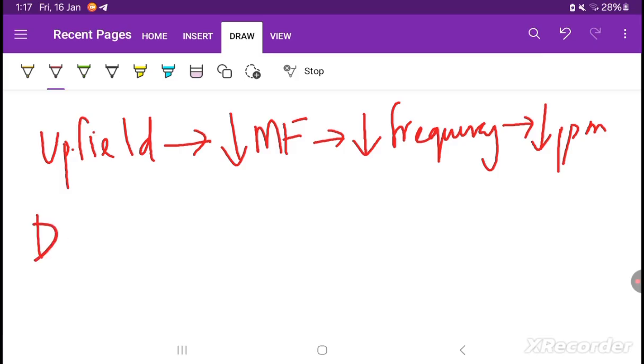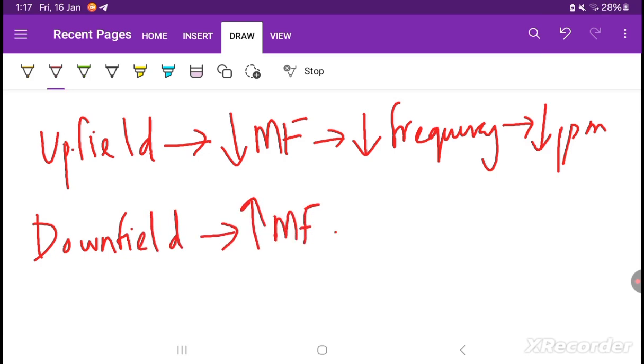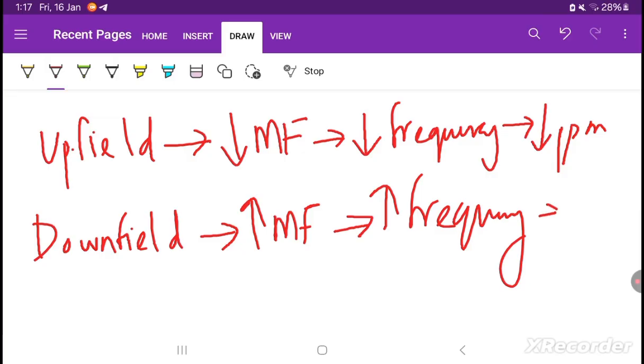In the case of downfield, there will be a higher magnetic field, higher frequency, so higher ppm.